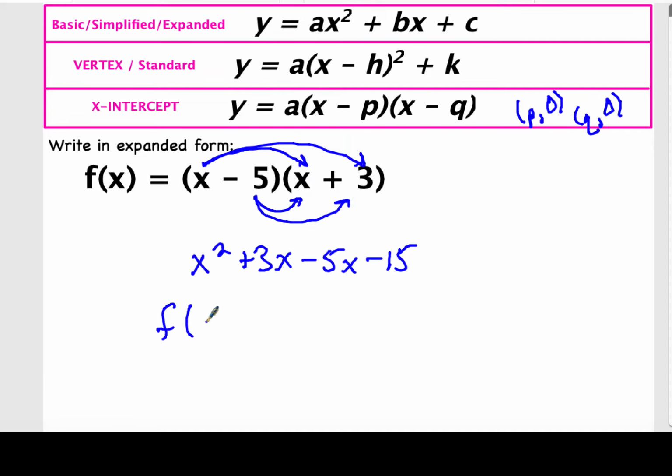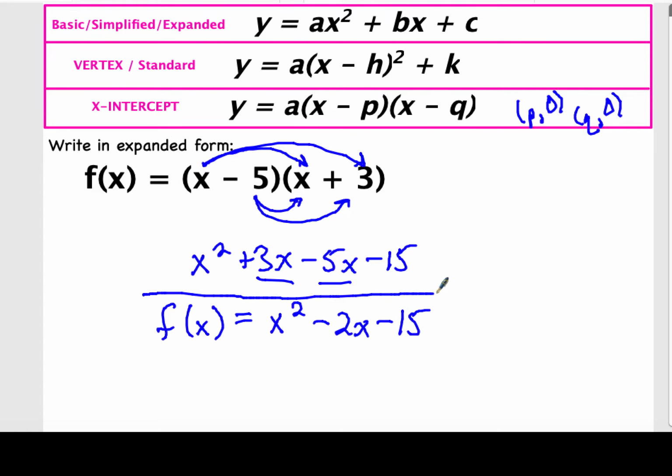And f(x), therefore, is going to be x² plus a −2x. So actually, I'm going to go ahead and say minus 2x. We're going to add those two middle terms, minus 15. And that's how we can quickly find expanded form from intercept form.